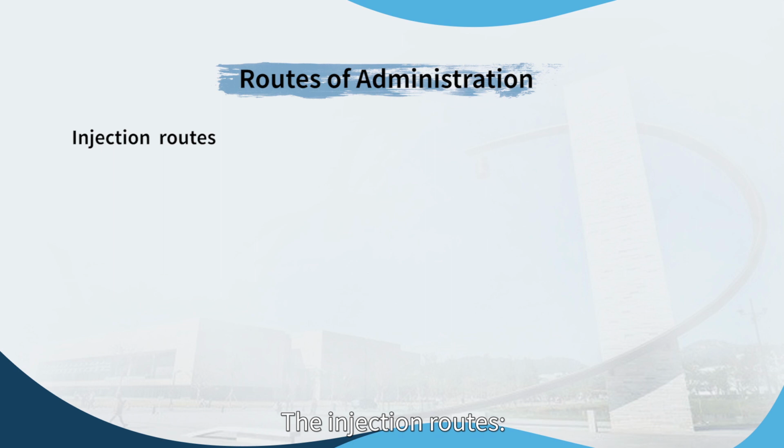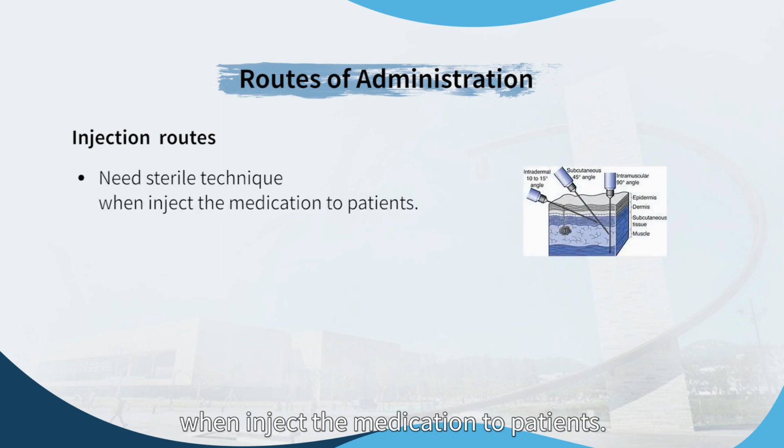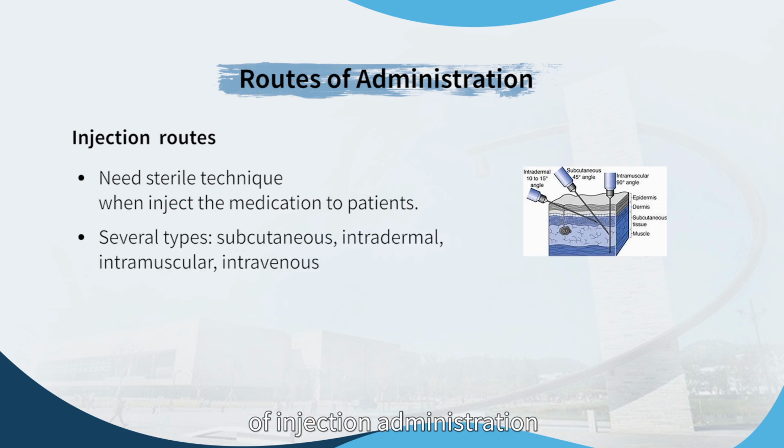The injection routes. Because it breaks the skin barrier, sterile technique is needed when injecting the medication to patients. There are several types of injection administration, such as subcutaneous, intradermal, intramuscular, and intravenous.